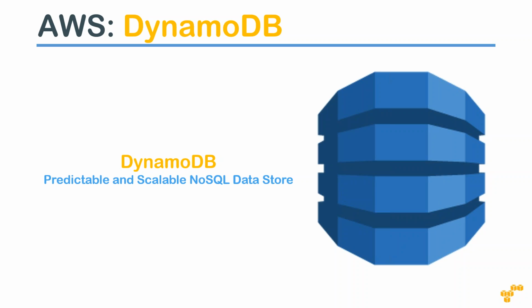So the performance is always predictable, and it is very easy to scale the performance of a DynamoDB, because it is a non-relational database. There is no relation between one collection and another collection or the records that are stored here. So it very easily scales horizontally. You can just copy over the data to another server and it keeps on scaling very smoothly. You don't have to worry about the scaling part at all.